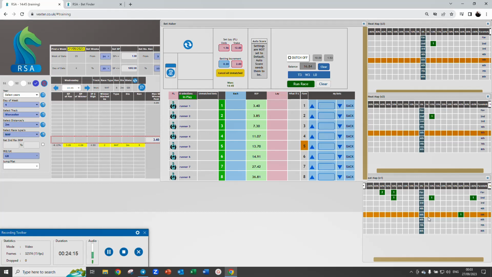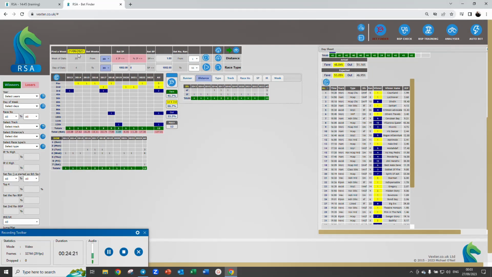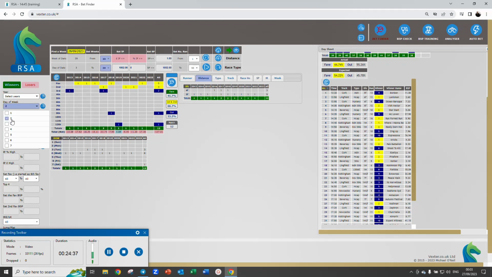But as you know, yesterday, for example, let's look at Tuesday, which was the 26th of September, which was a Tuesday. Well, we want to look at yesterday.